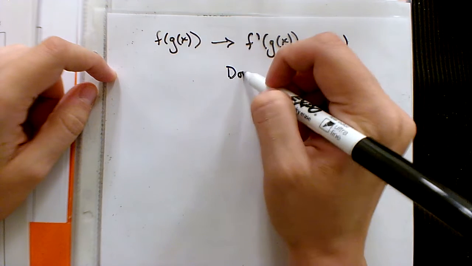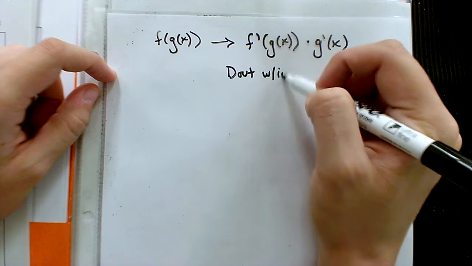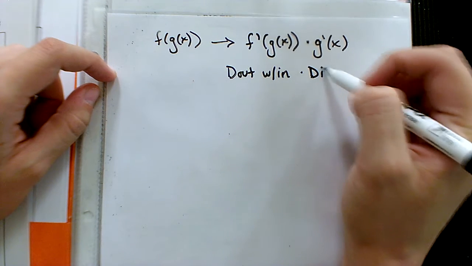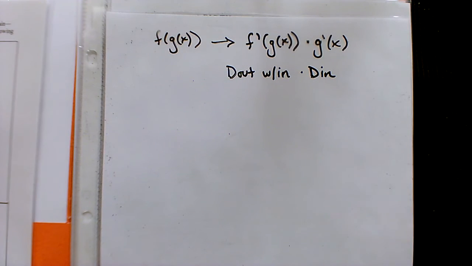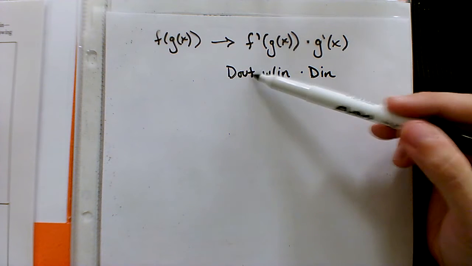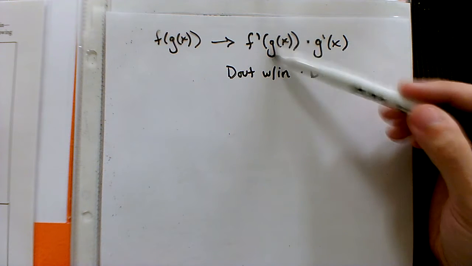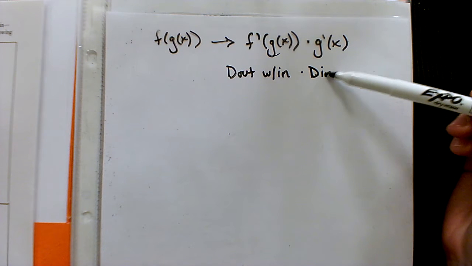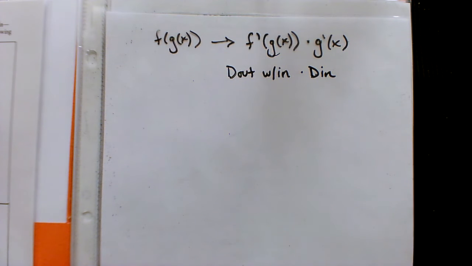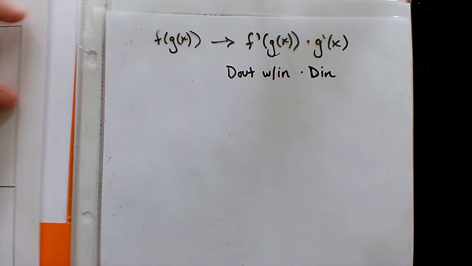He thought of d out within times d in, if that helps. So derivative of the outside with the inside times the derivative of the inside. I don't know if it helps. It's not as catchy as the other two, but if it helps him out, that's fine. If it helps you out, that's okay too.